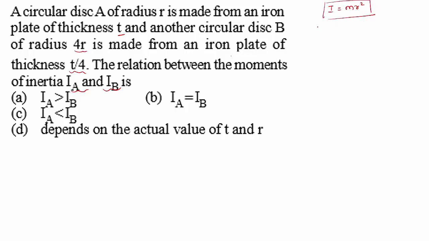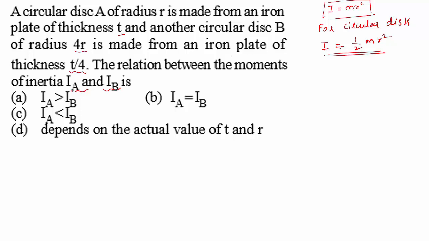But you can observe the given question. This is a circular disc. So for a circular disc, moment of inertia is given by the equation I equal to 1 by 2 mr square. So this equation we have to use to find the relation between moment of inertia for A and B discs.